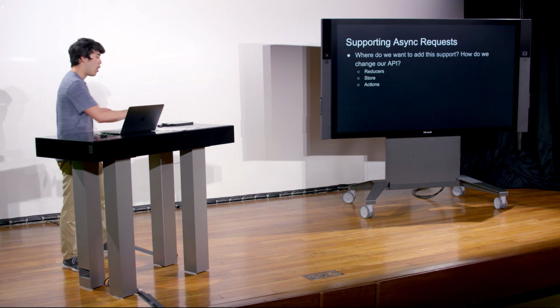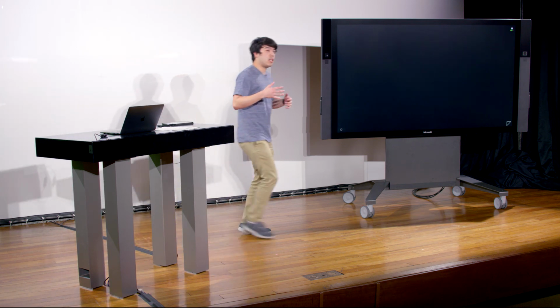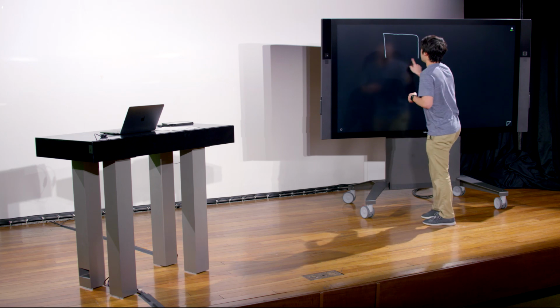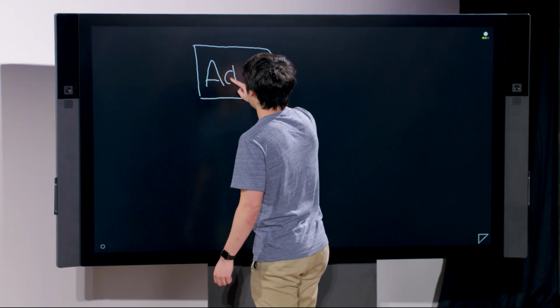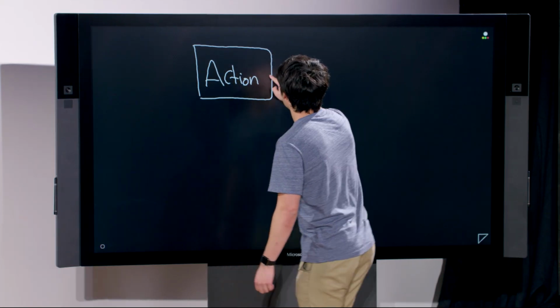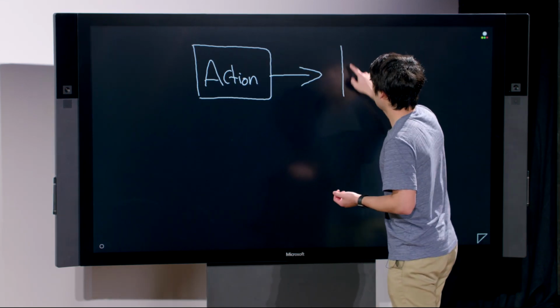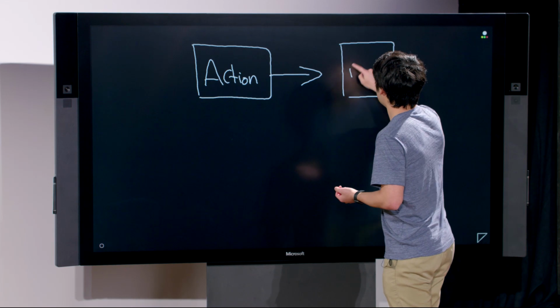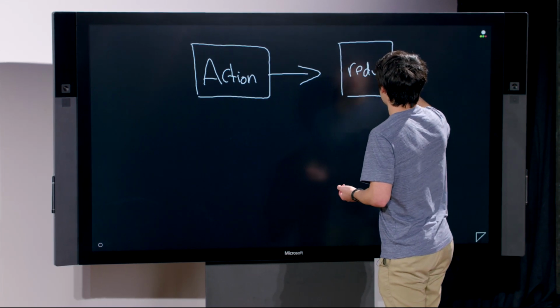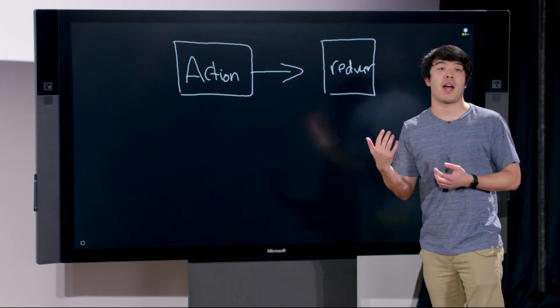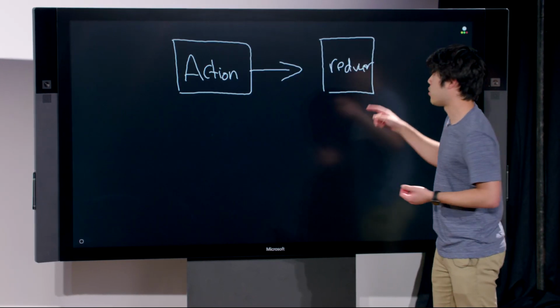If you recall from last week, Redux is a cycle where you start with something like an action. It goes through this thing called a reducer, whereby the reducer will decide exactly what to do with that action and how it might want to change the centralized store.